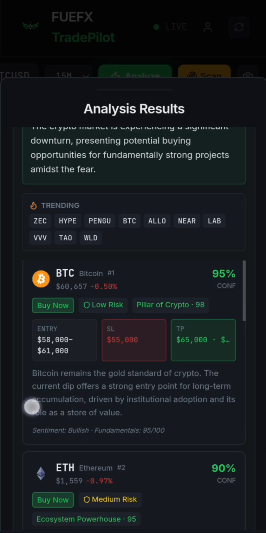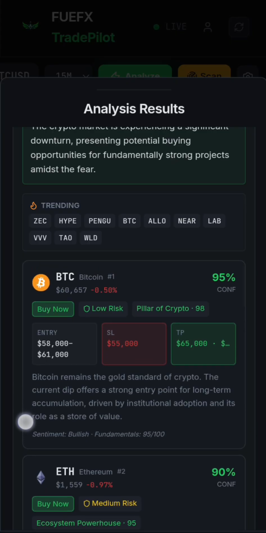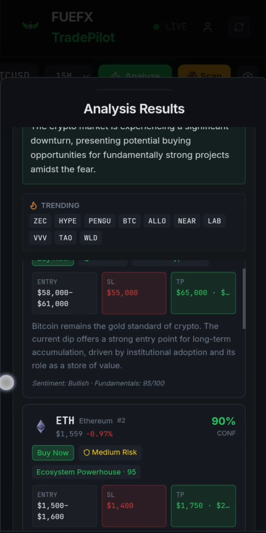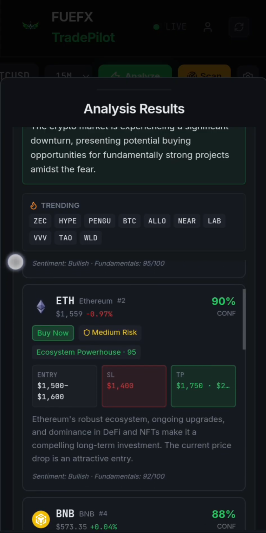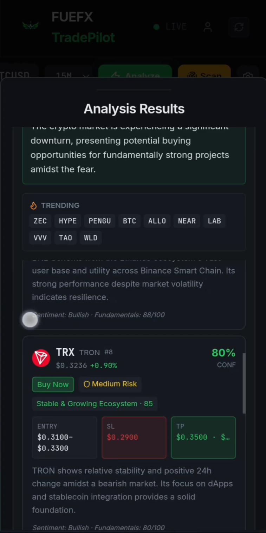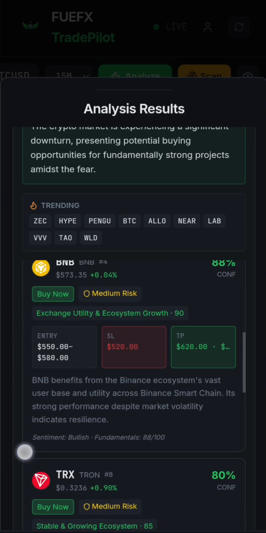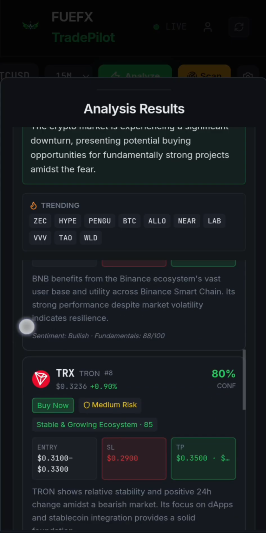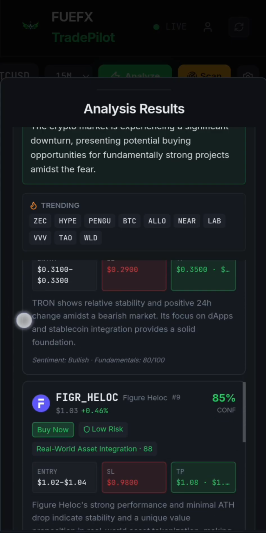So it's saying you should buy BTC, take profit at 65,000. It also says you should buy ETH, take profit at 1750. It says you should buy BNB. It says you should buy Tron. You can see the risk level for all these recommendations. They are medium risk.